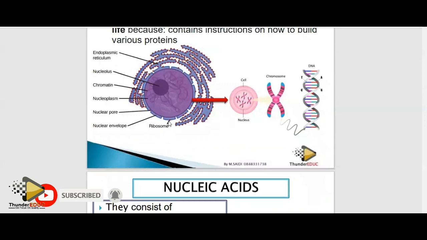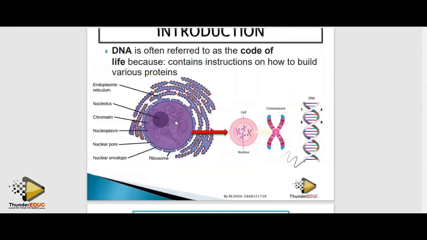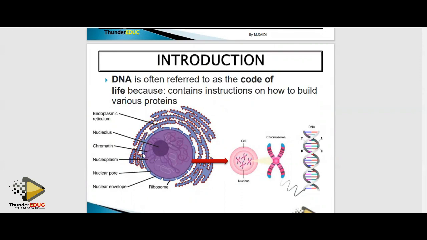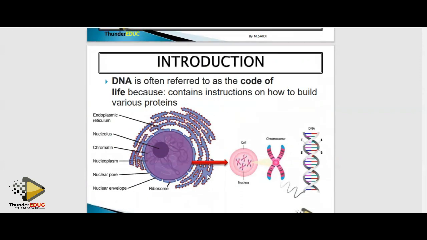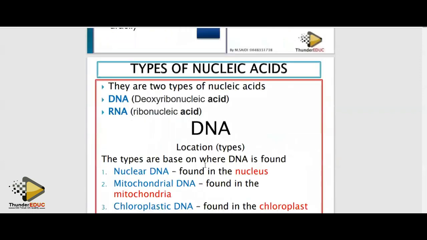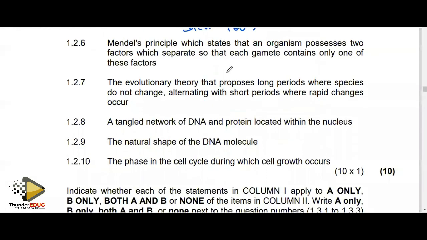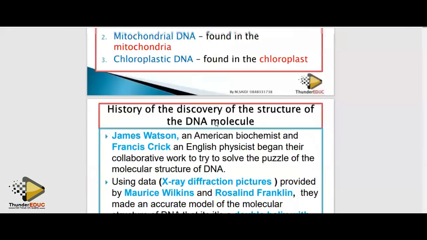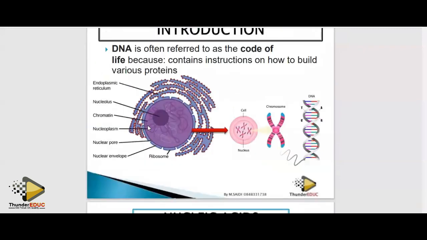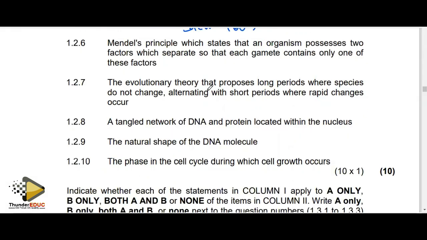These are what you call the chromatin network. So basically, the question can be answered by that. It's a tangled network of DNA and protein, and it is located in the nucleus.